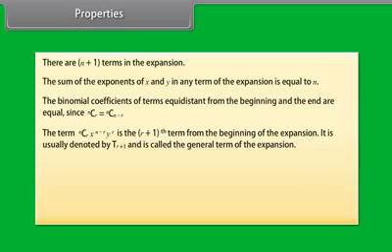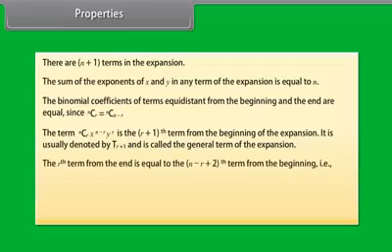The term nCr into x raised to power (n − r) into y raised to power r is the (r + 1)th term from the beginning of the expansion. It is usually denoted by T(r + 1) and is called the general term of the expansion.